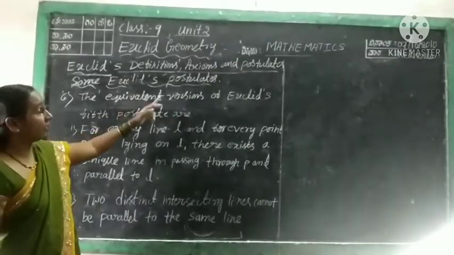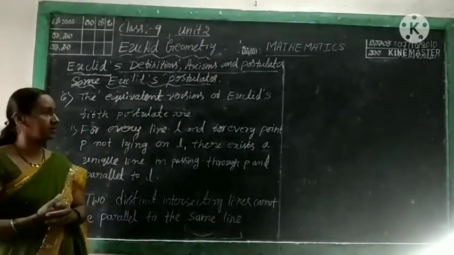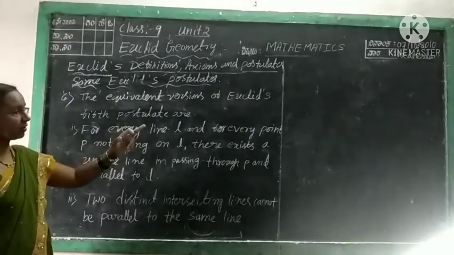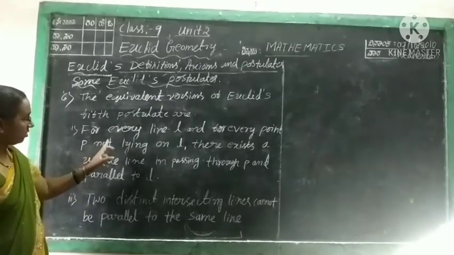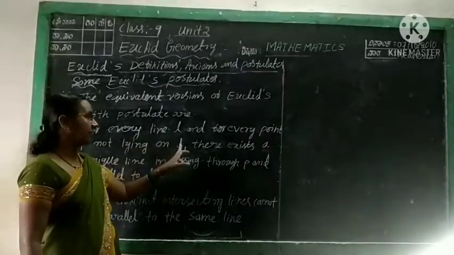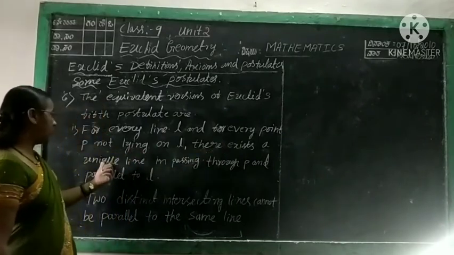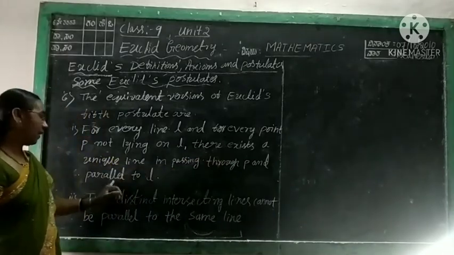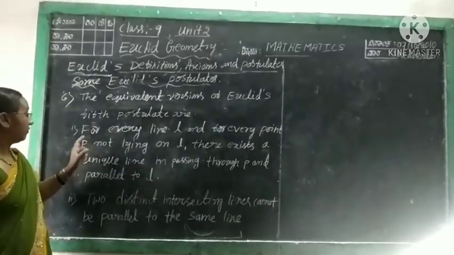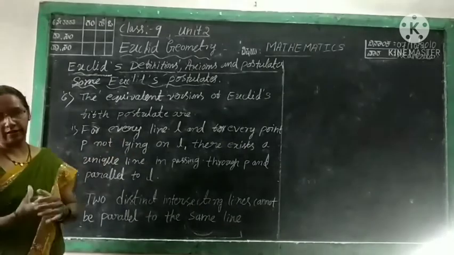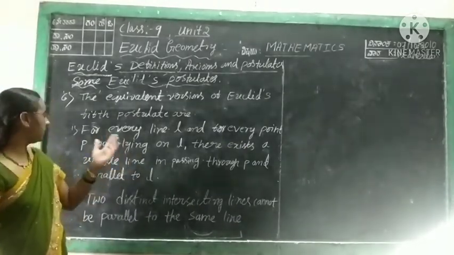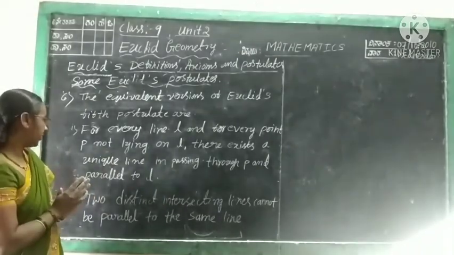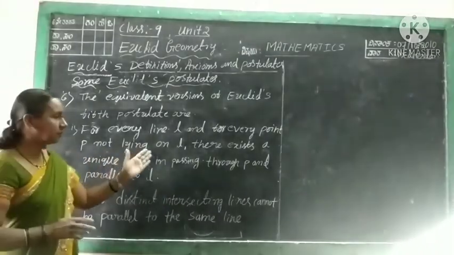This is called the equivalent versions of Euclid's fifth postulate. The first one: for every line L and for every point P not lying on L, there exists a unique line passing through P and parallel to L.